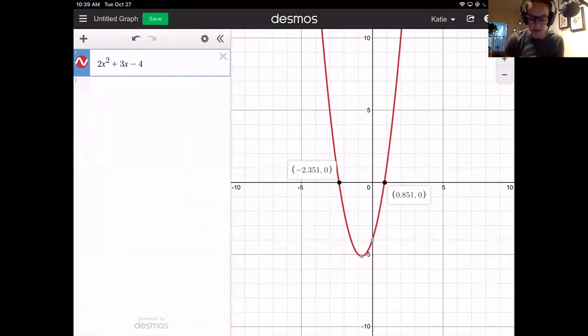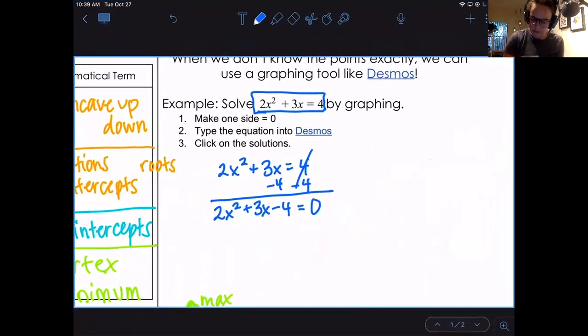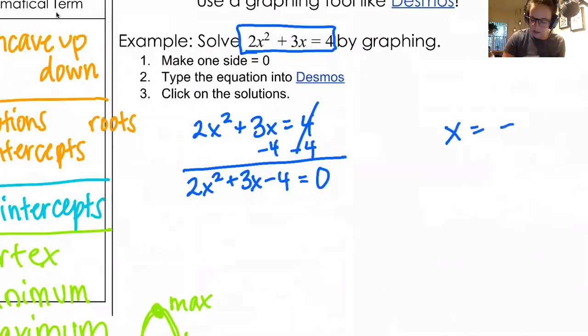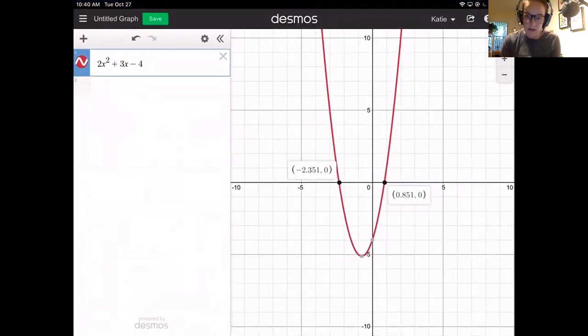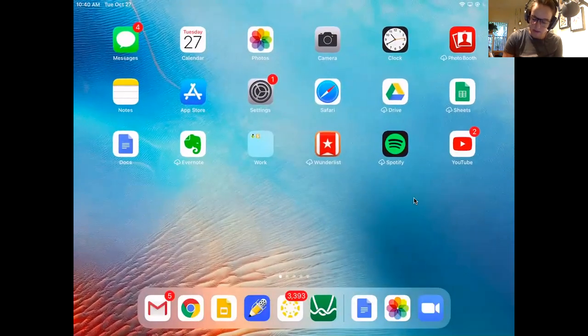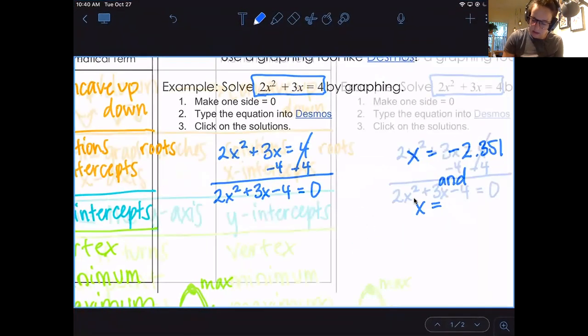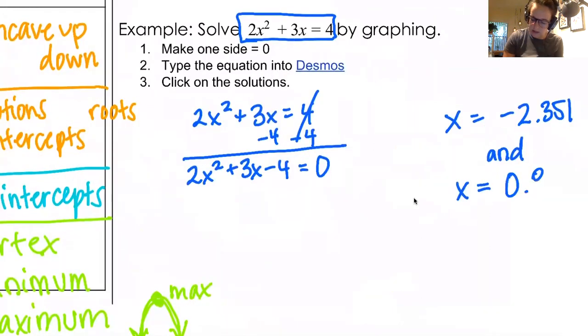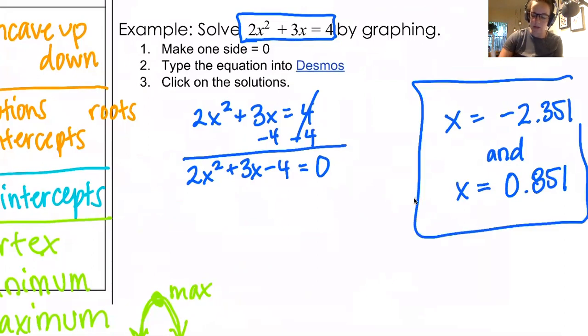So the solution would be x equals -2.351, and x equals, going back to my graph, I also have 0.851. So those would be my two solutions for this.